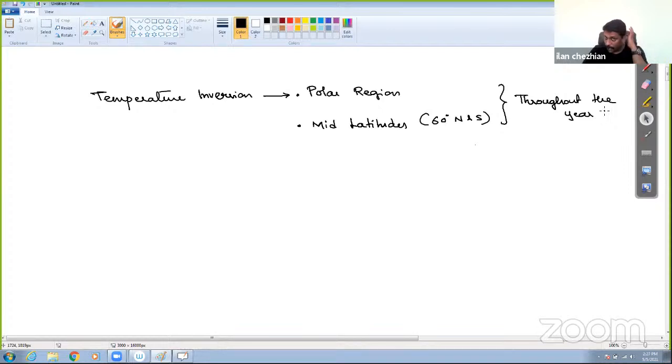Further, you can write: it is also common along tall mountain chains, tall mountains with deep valley.